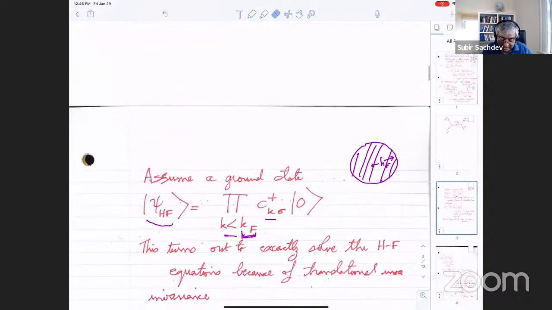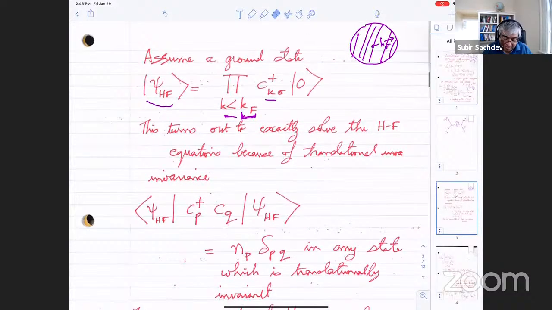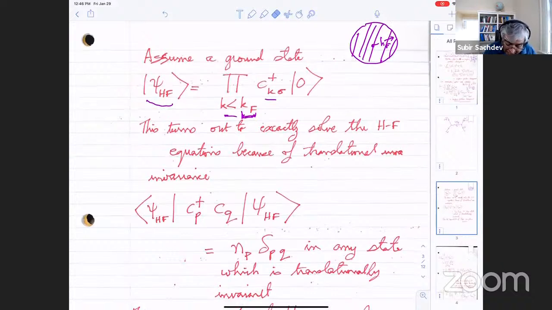But the important point, and this is something you can already see for this wave function, but is more generally true, is that if I look at the expectation value of something like c dagger p c q, where p and q are different momenta, let's first do it for this particular state. In general, I'll get some function of p and q. But you can easily see that this is actually 0 unless p equals q. The reason is that these are momentum labels.